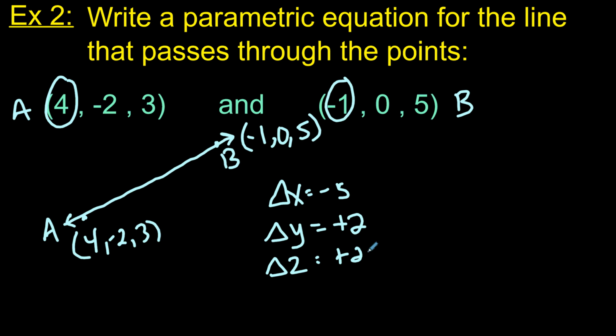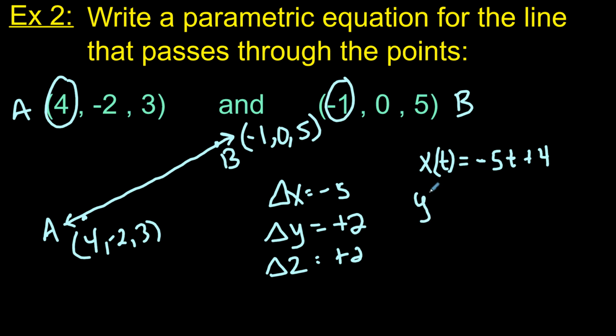For our parametric equations, we can write x of t, the x part of our parametric equation, that is decreasing by 5 each time we increase the time by 1. We started with 4, so we're just going to do +4, because each time it's going to be subtracting 5: you start out with subtracting 5 from 4, then you subtract another 5, and another 5, and another 5 to get the next set of points.